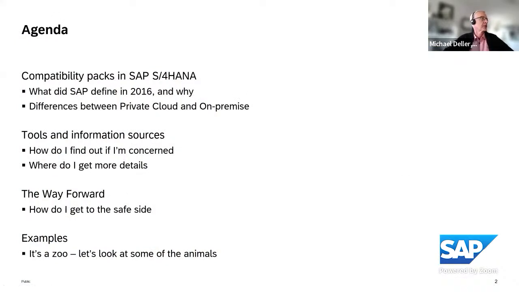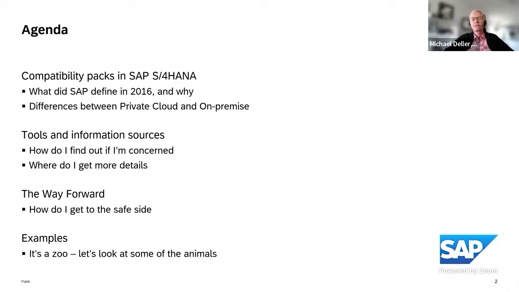I'm going to cover the first section, but rather quickly, because the content of the first 6 or 7 slides has existed like that, more or less unchanged for years now. I will be a little bit more explicit about the second bullet point that you're seeing. There are differences between SAP S/4HANA Private Cloud and on-premise when it comes to compatibility packs.